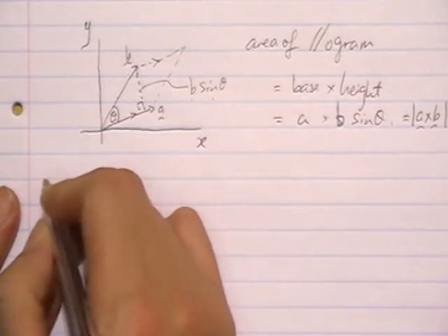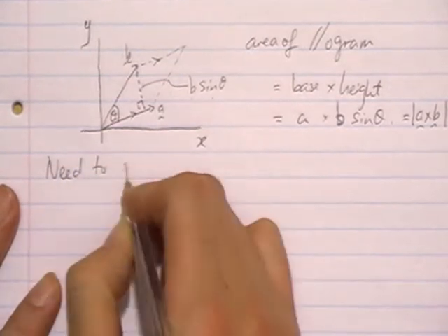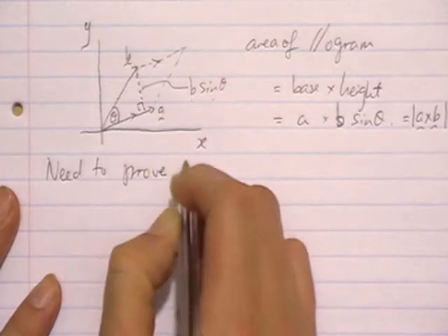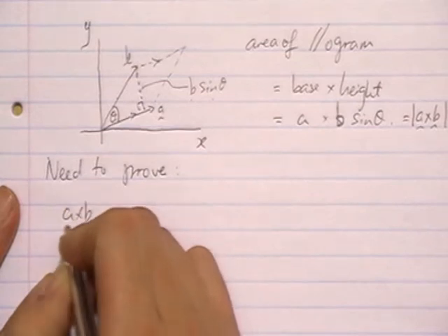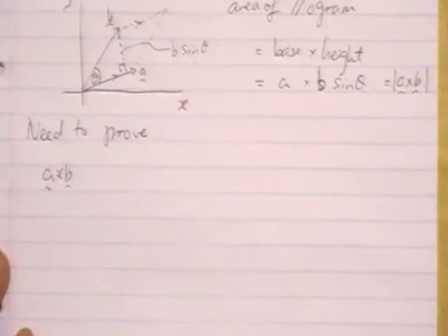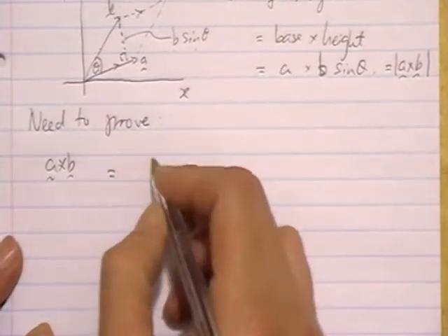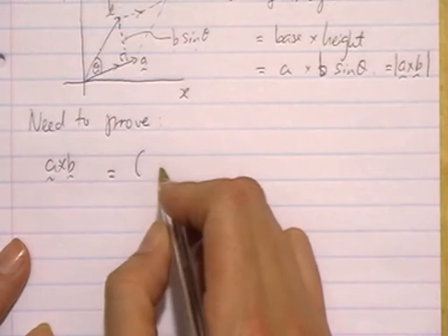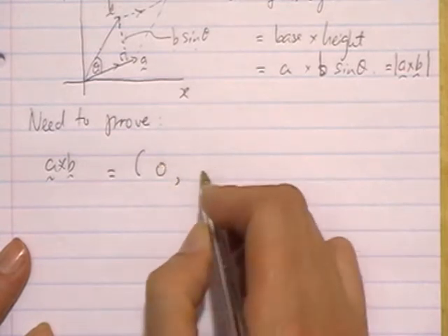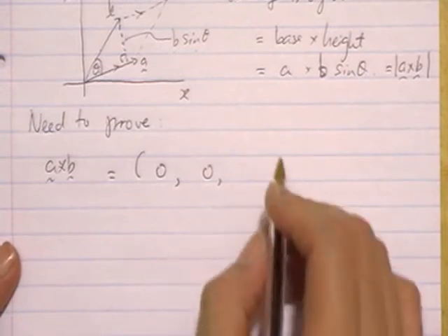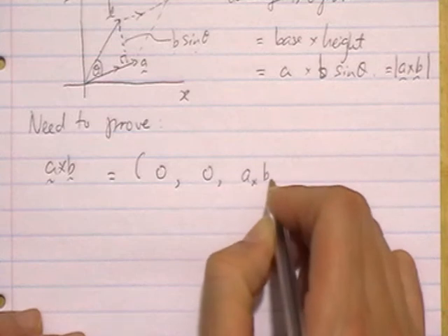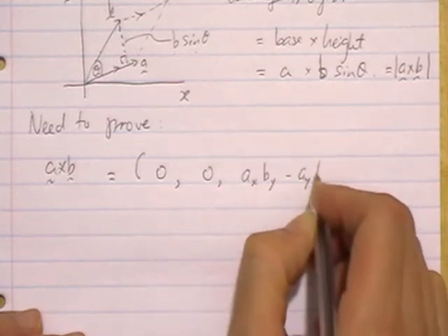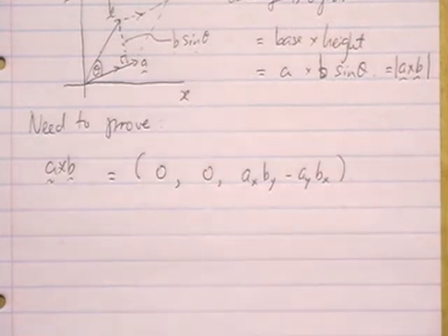So we need to prove that A cross B is equal to a vector where x component is 0, y component is 0, and z component is given by the formula. So that's what we need to prove.